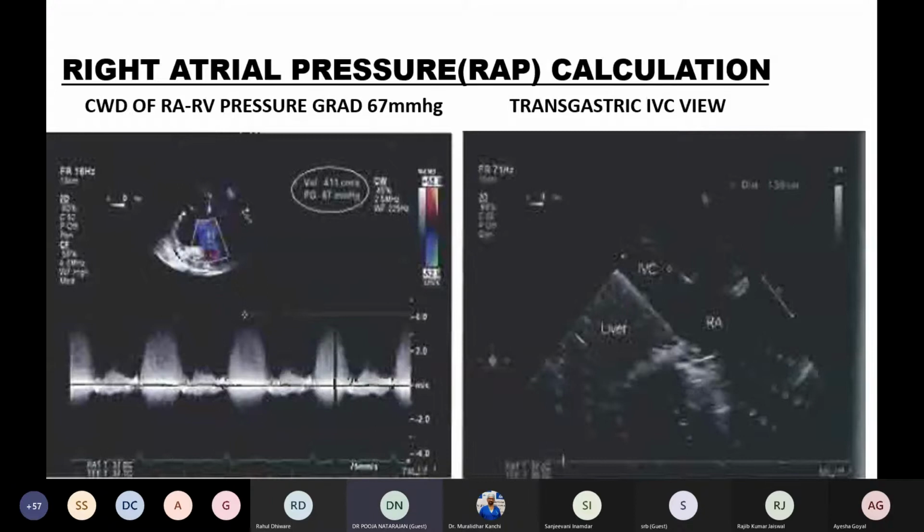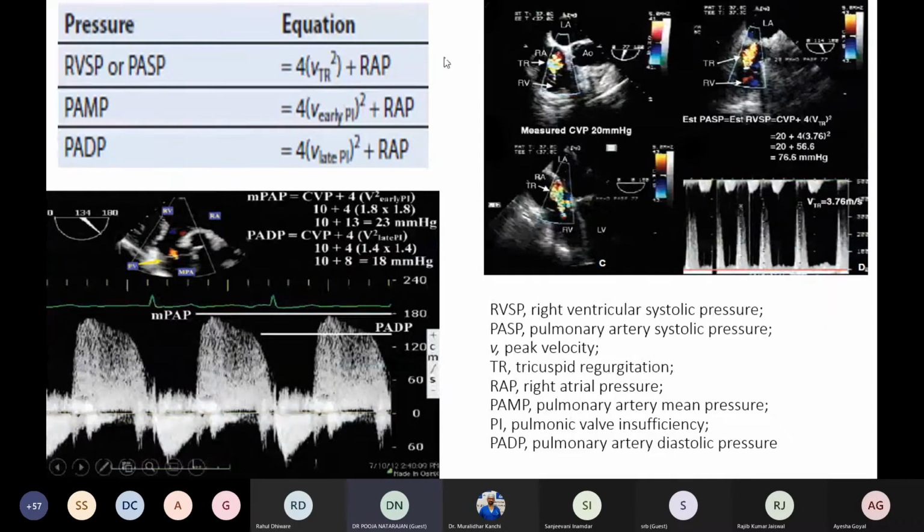Next, right atrial pressure calculation. This is very important to calculate the pulmonary artery systolic pressure. So what do we do? We put a continuous wave Doppler on the tricuspid valve, and then also we look at the right atrial pressure with this, that is the CVP.